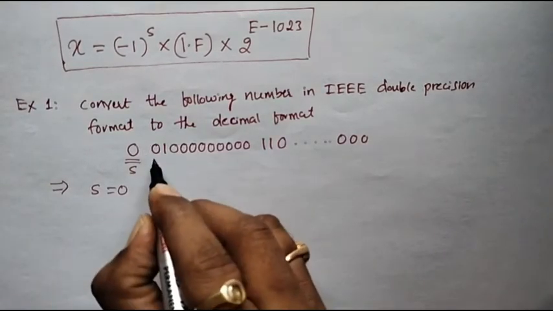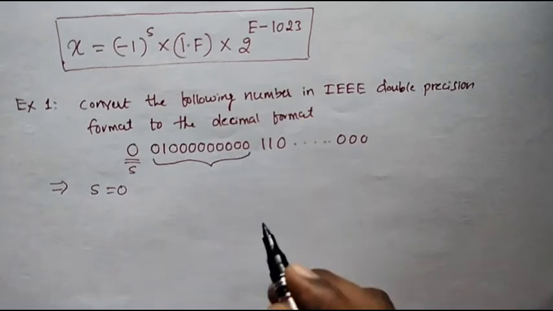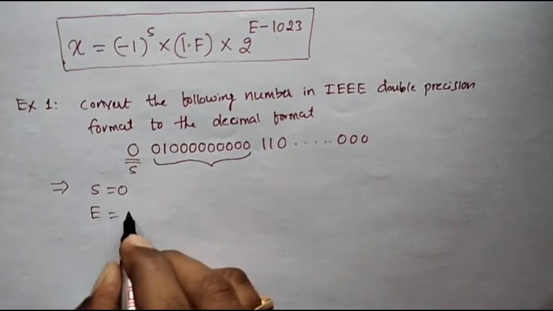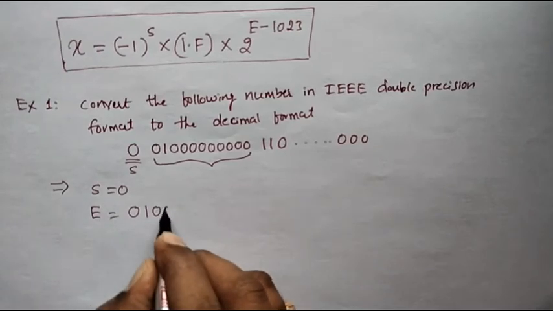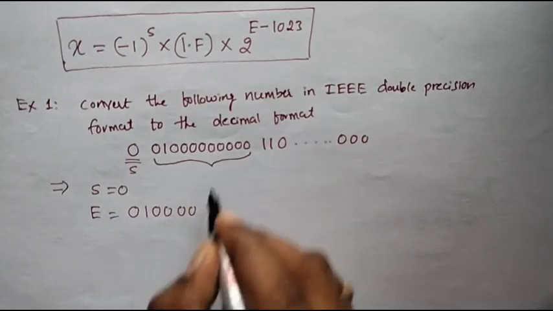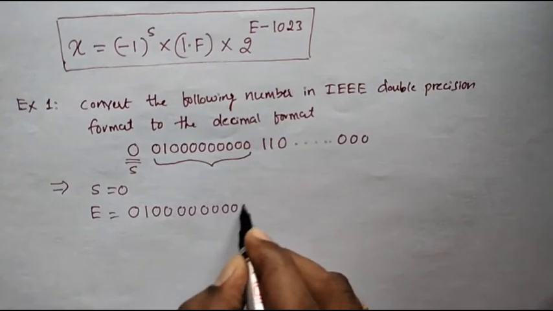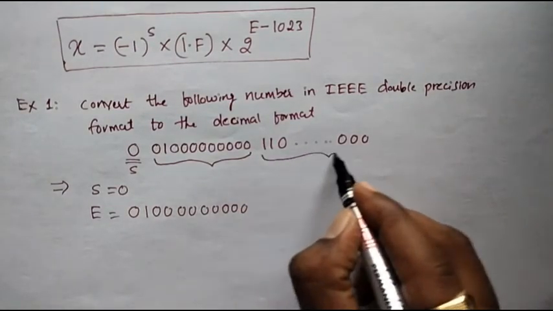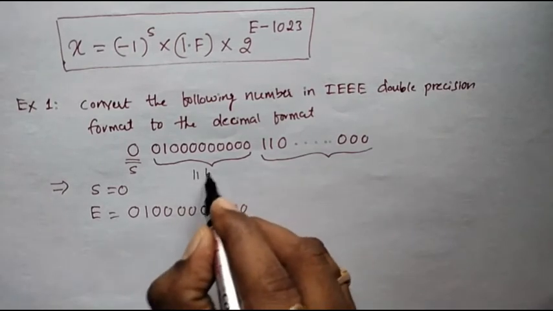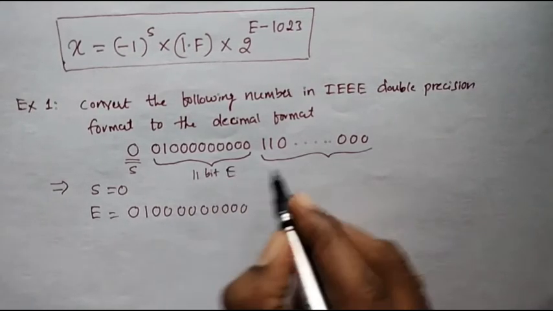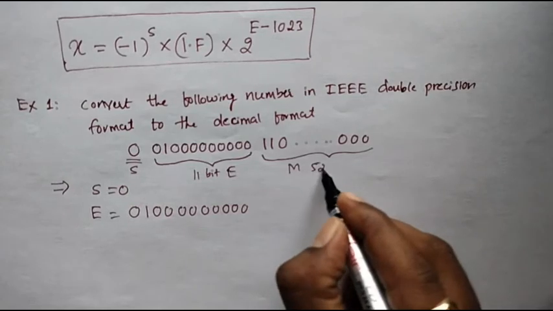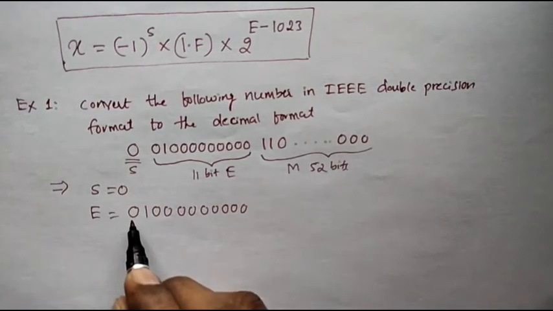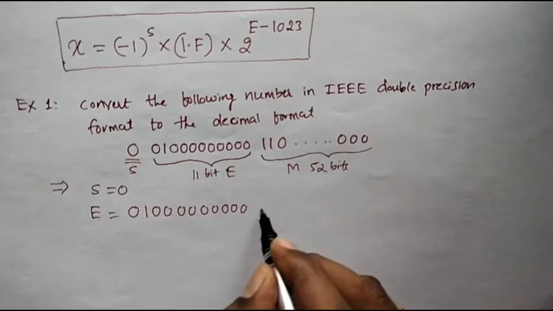In double precision format, we have 11 bits of exponent, therefore here exponent E is equal to 1 0 0 0 0 0 0 0 0 0 0, and the remaining 52 bits are the mantissa.